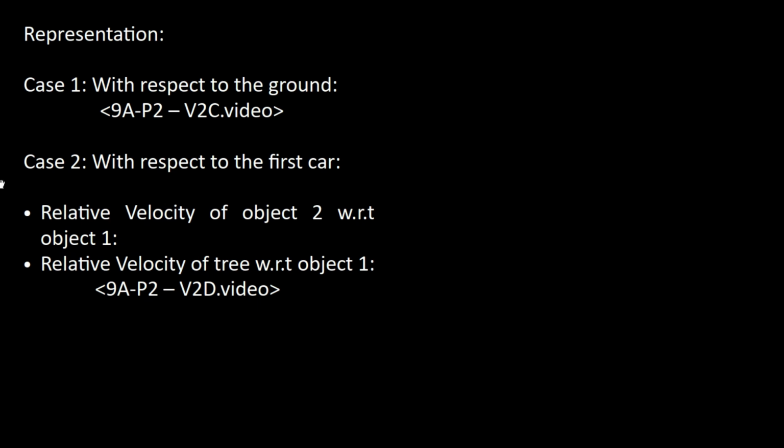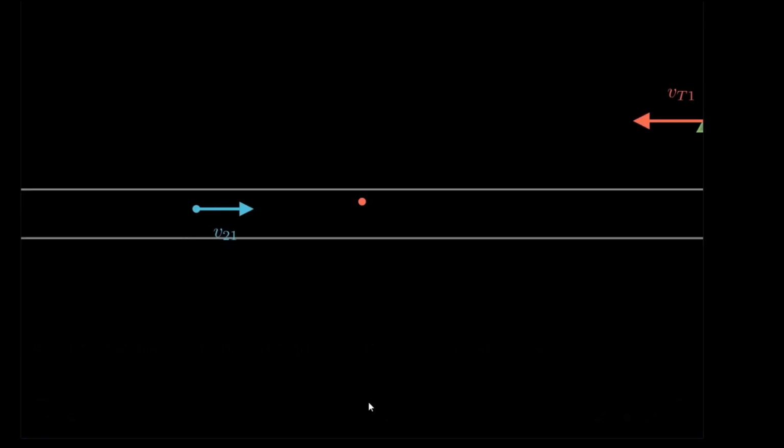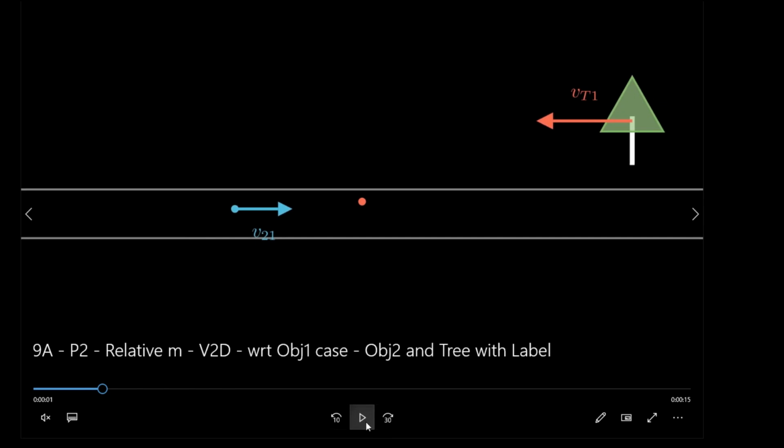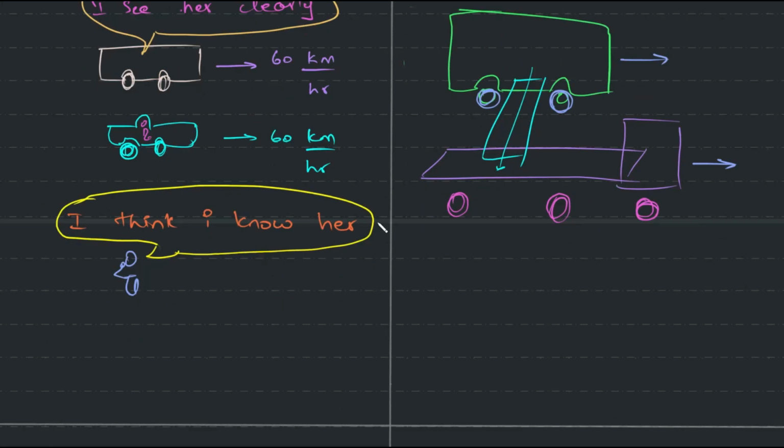But with respect to the first car, it will change in this manner. So velocity of car 2 with respect to car 1, velocity of tree with respect to 1. So this is important. So I'll write it and you guys have to copy.